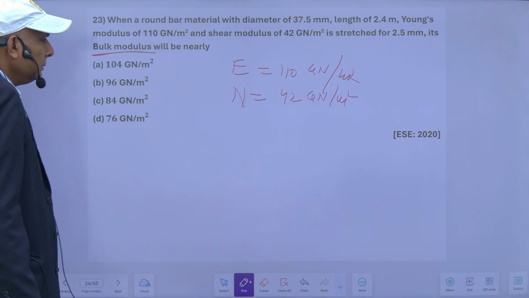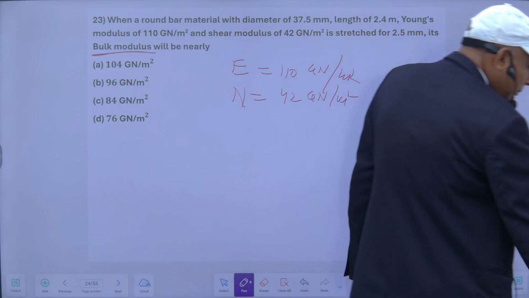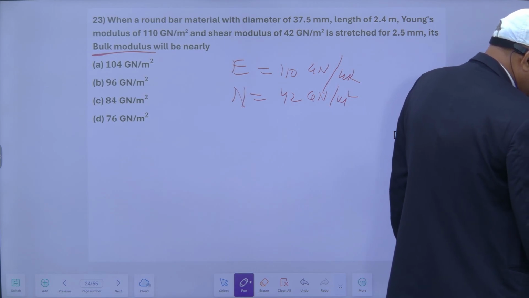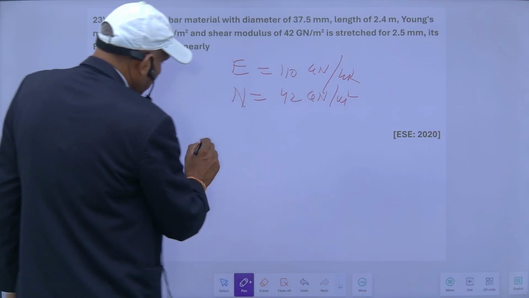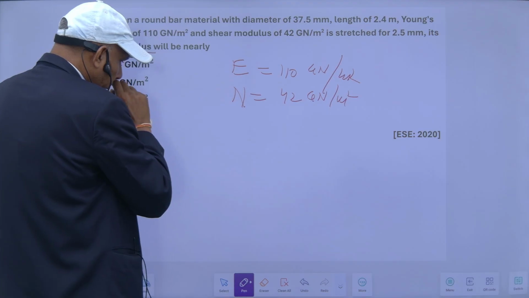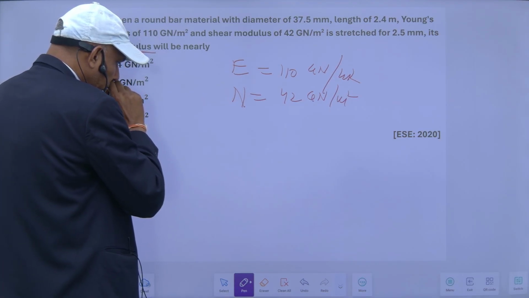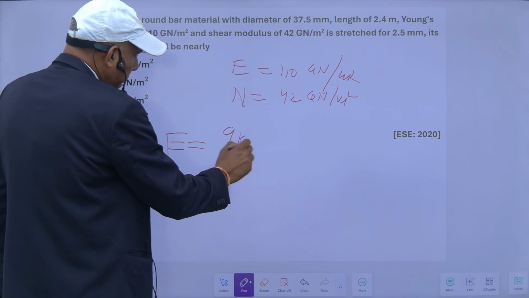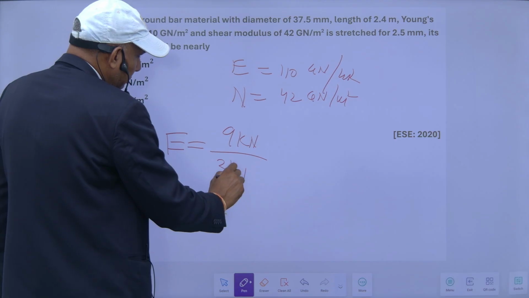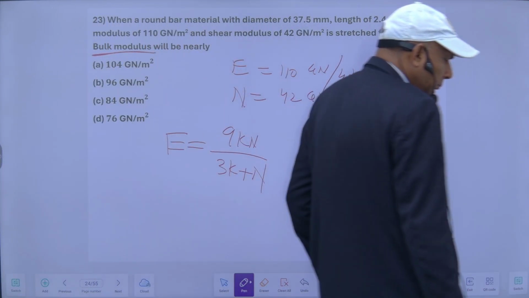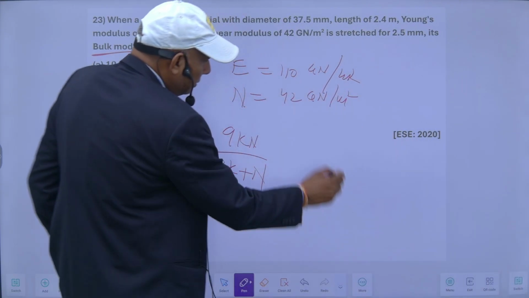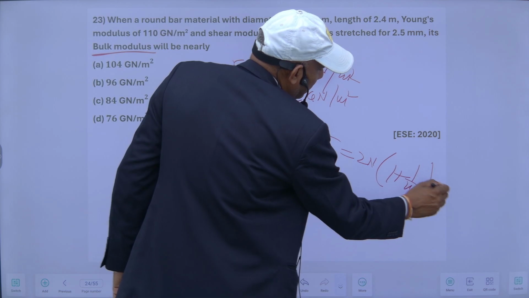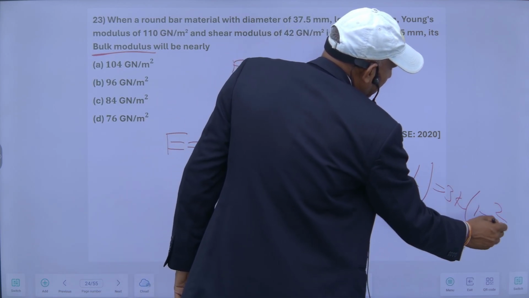So there are two equations. One is E is equal to 2N(1 plus 1 upon m) is equal to 3K(1 minus 2 upon m).